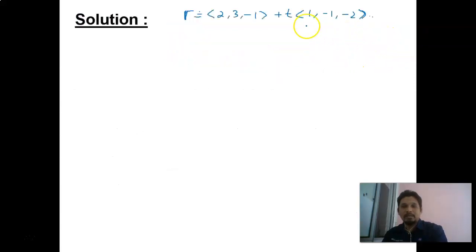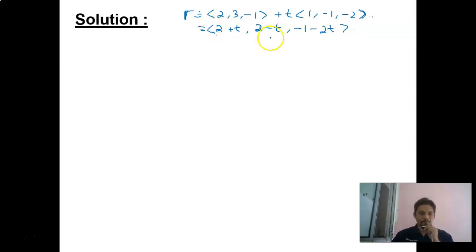I rewrite it here: 2 plus t, then 3 (positive times negative is negative, multiplied with t) so 3 minus t, and then negative 1 minus 2t.